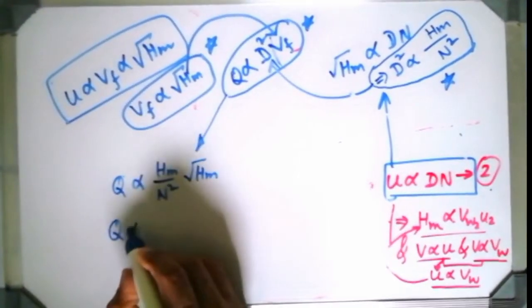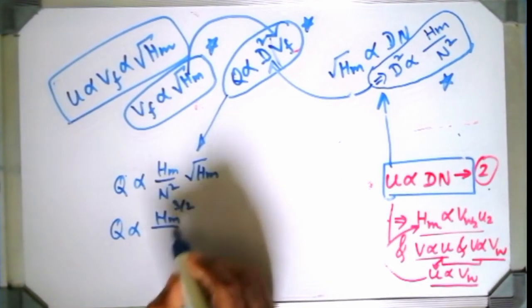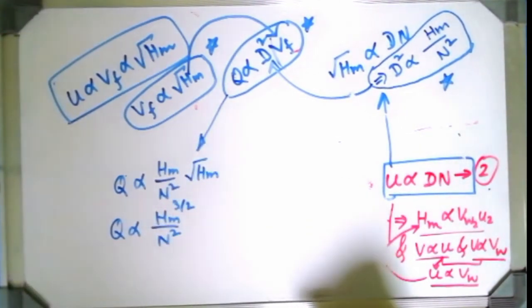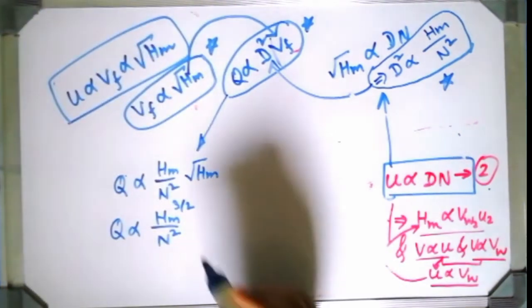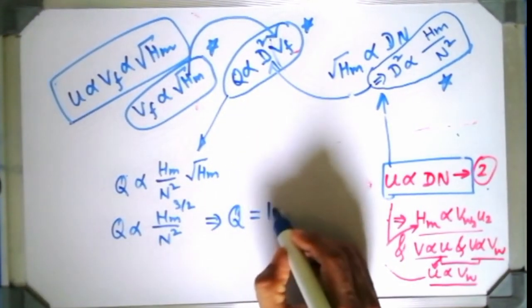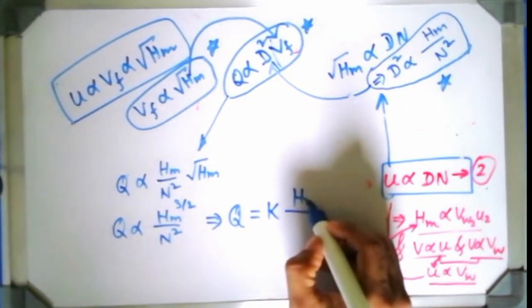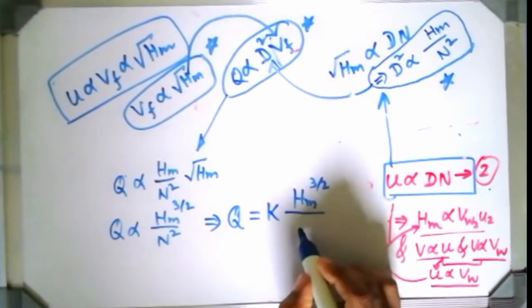That thing I am going to do. So what does this give? Q proportional to hm whole to the power 3 by 2 divided by n square. If we remove the proportionality sign, one constant will come. Suppose I put the constant k. So k hm to the power 3 by 2 by n square.